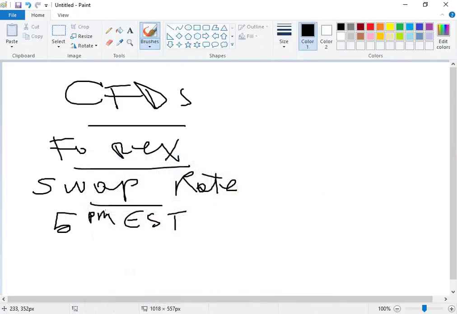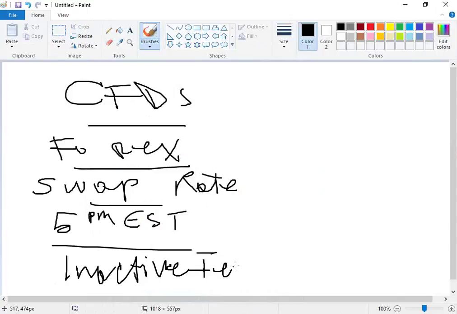Second thing you need to be responsible for and understand is that if you have a live account, you have inactivity fees, which means, let's say you opened up an account with $3,000 and you didn't trade the first month, you didn't trade the second month, you didn't trade the third month.